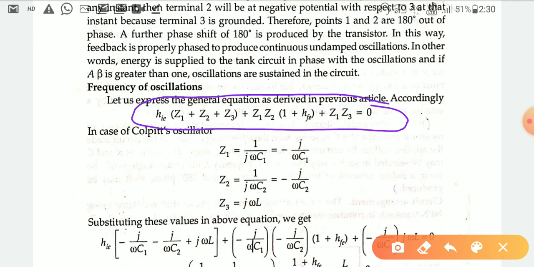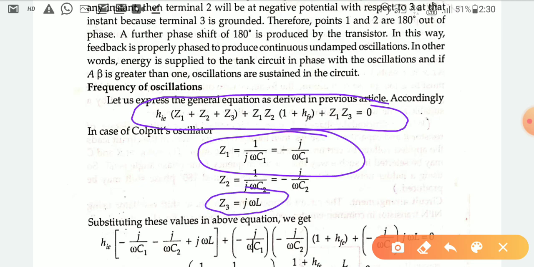You should remember this, because various kinds of mathematical problems can come to you, and if you remember this, it is easy to calculate them. So h_fe is multiplied with the summation of Z1, Z2 and Z3. Z1 is minus j by omega C1, Z2 is minus j by omega C2, and Z3 is due to the inductor, that is j omega L.